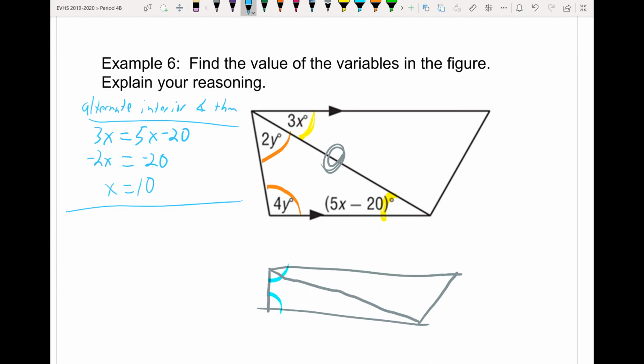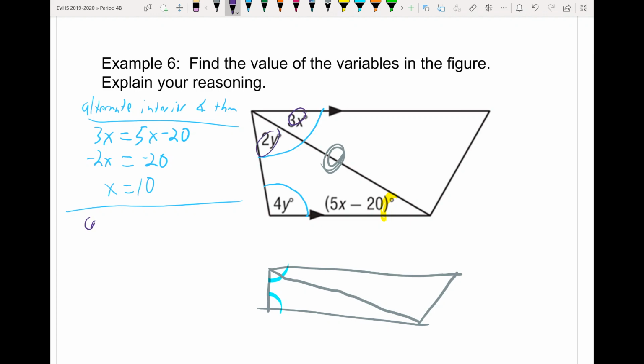So my consecutive interior angles are actually 4y and that whole thing. Wait, hold on. Let's not say the word bisect, because bisect means it cuts it exactly in half, and we don't know that. It does cut the angle into two. And so then the angle addition postulate says I could add these two together to get the full angle.